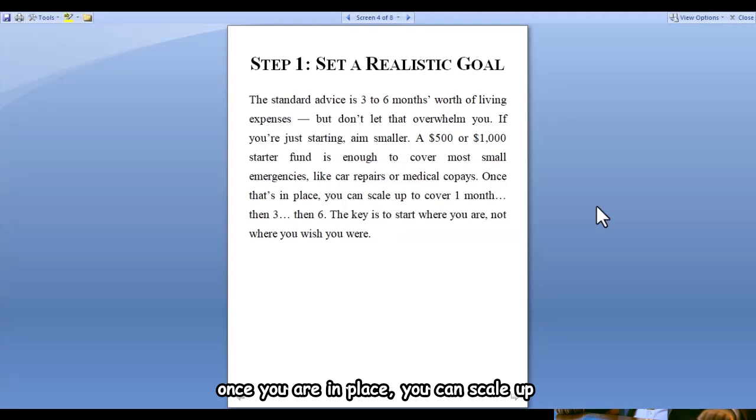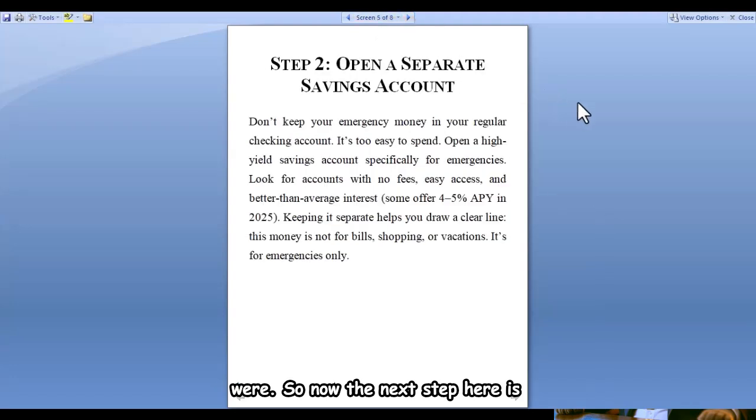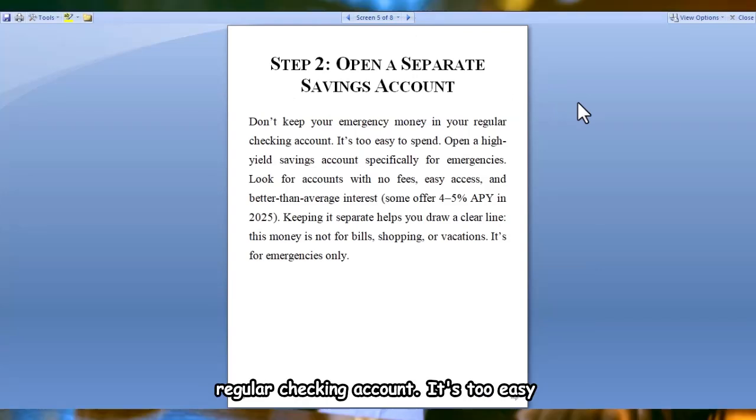Once that is in place, you can scale up to cover 1 month, then 3, then 6. The key is to start where you are, not where you wish you were. So now the next step here is to open a separate savings account. Don't keep your emergency money in your regular checking account.